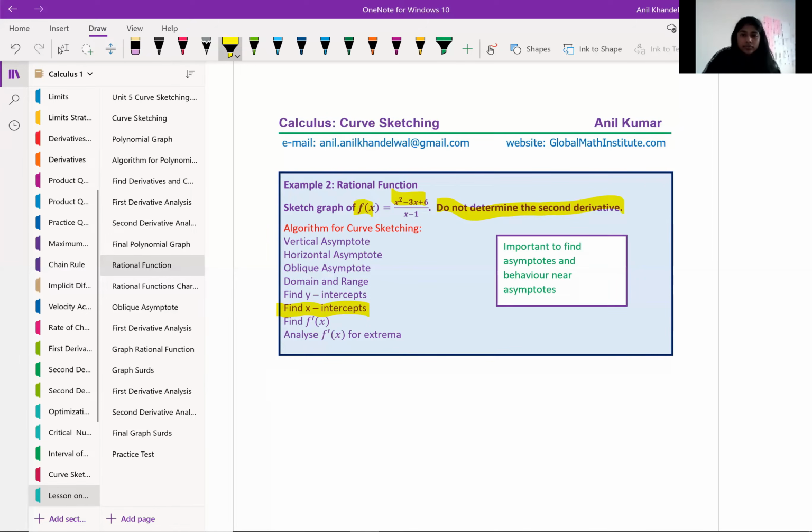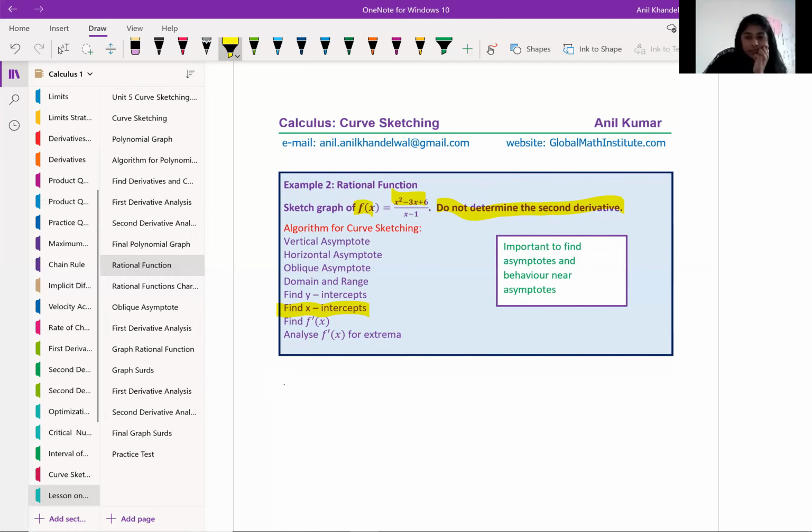And therefore, this find X-intercept should be treated with caution. You should, most of the time, skip it if it is difficult or time consuming. It is not a critical part of curve sketching. If the numerator can be easily factored, then do it. Otherwise not.